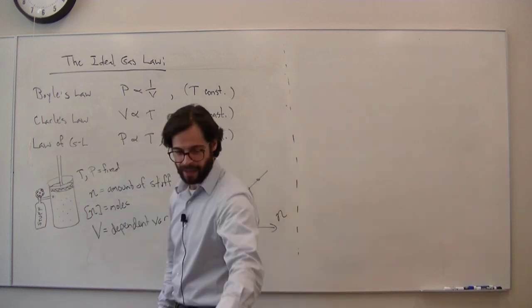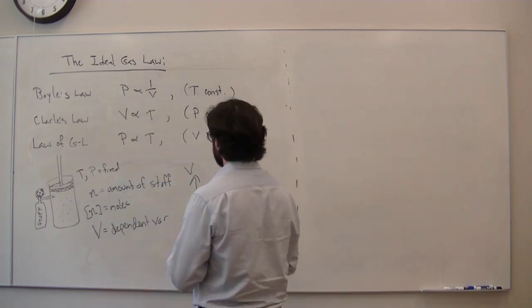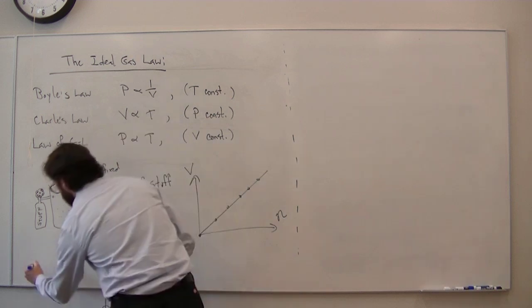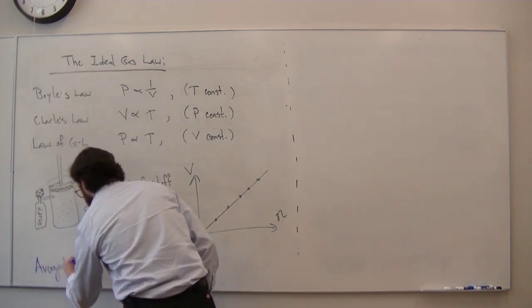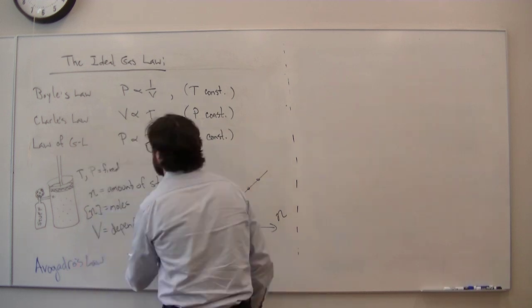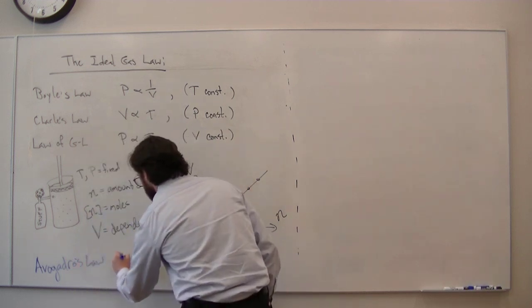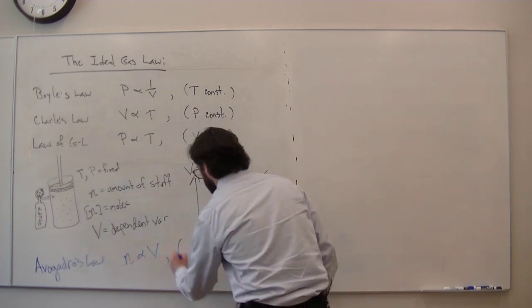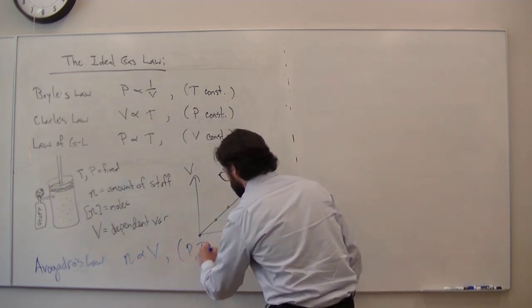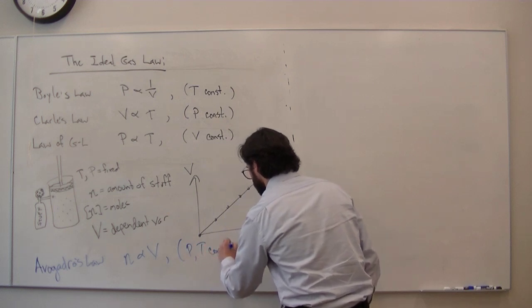And we have the last of the gas laws, Avogadro's law, which says that moles are proportional to volume, and this was done with P and T constant. And you know what?